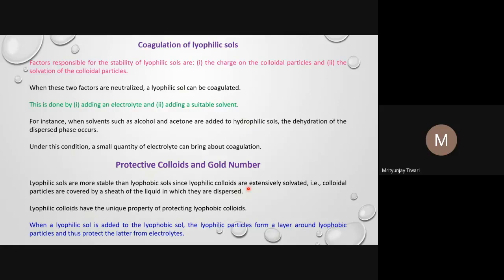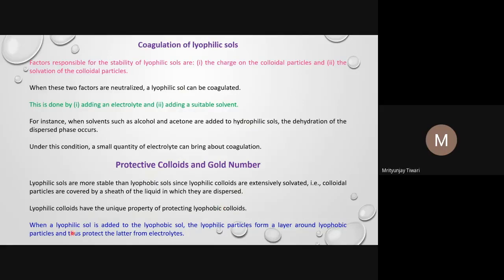We also know that the particle size of lyophilic colloids is smaller than that of lyophobic colloids. So lyophilic colloids have the unique property of protecting lyophobic colloids from coagulation.